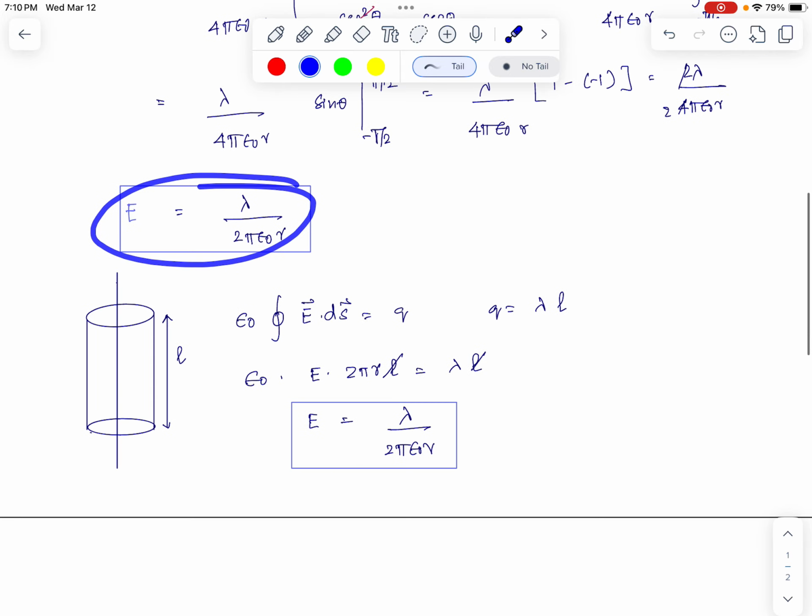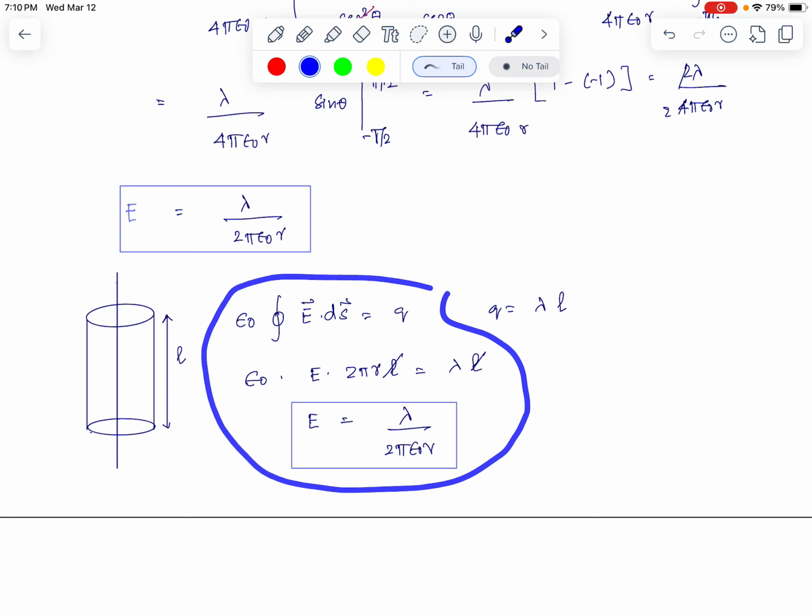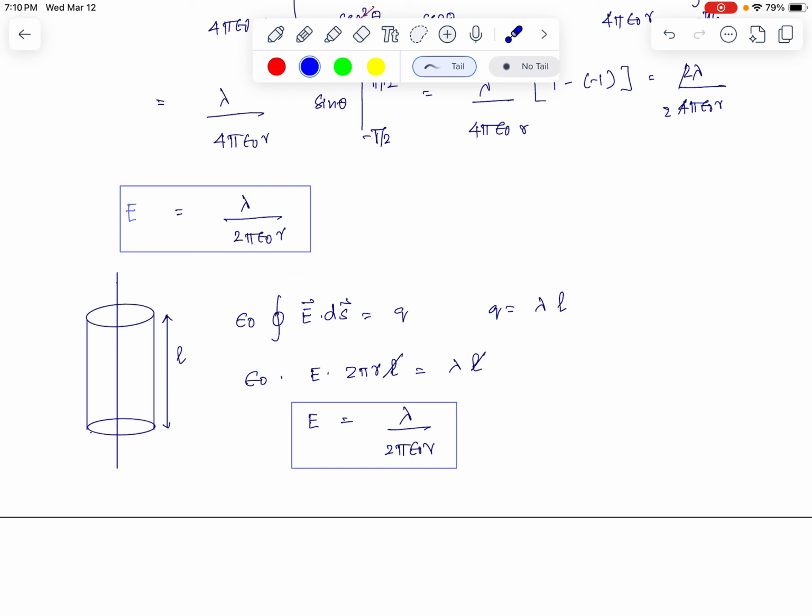Using the same symmetry ideas, we use Gauss's law, which is a much more compact way of representing the solution, and we found the solution much more easily. So this should motivate all of us to use Gauss's law more often, in situations that permit us to exploit the symmetry of the problem.